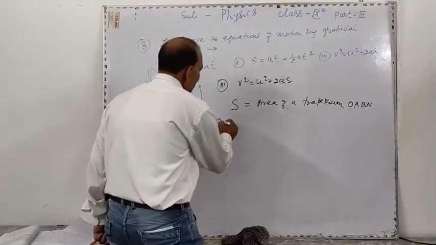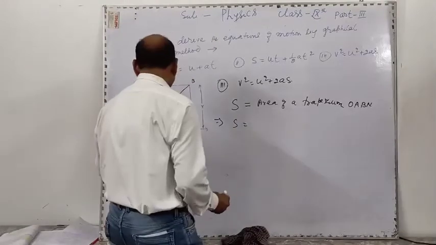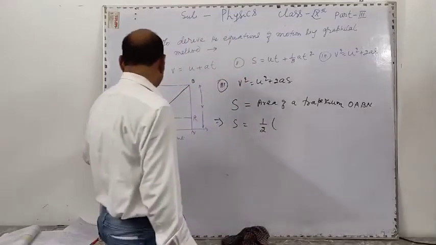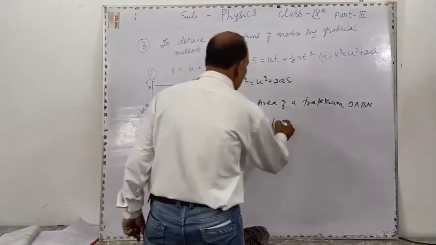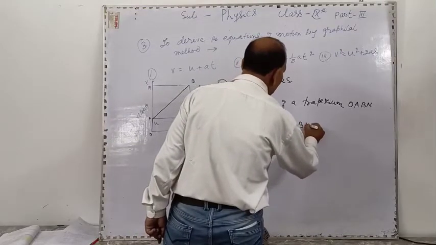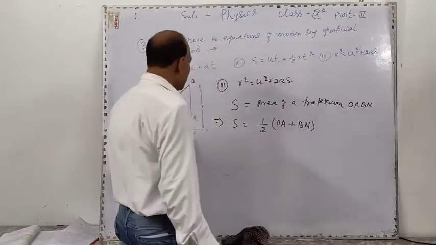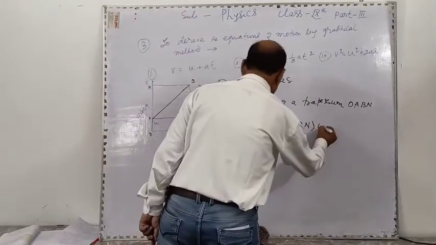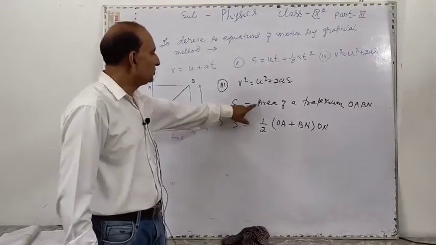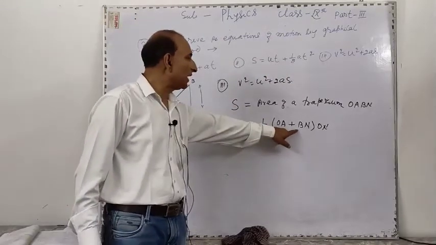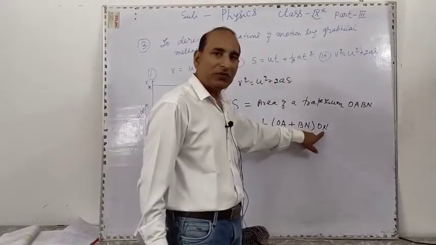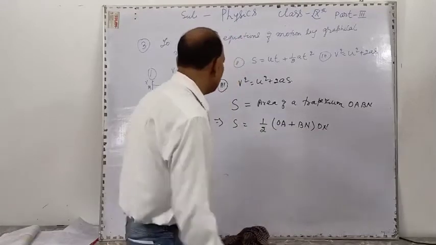So S is equal to area of trapezium, that is 1/2 into sum of two parallel sides, that is OA plus BN, into the perpendicular distance between two sides, that is ON. The area of trapezium is equal to 1/2 into sum of two parallel sides into the perpendicular distance between them.